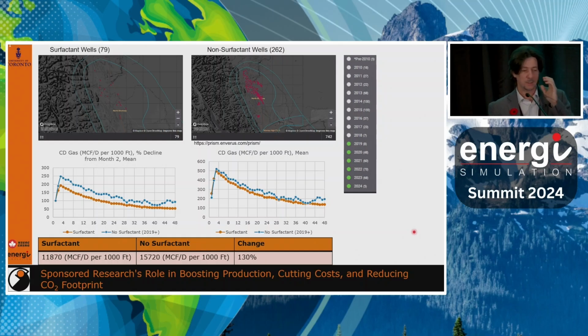Then what we did was realize what the impact of those two tests was on the industry. A few years later, let's say 6 months ago, we started looking at how the completions changed for the operators right after those two tests.